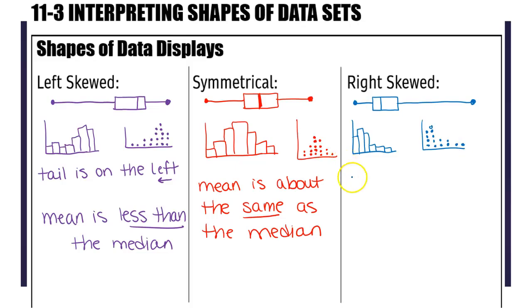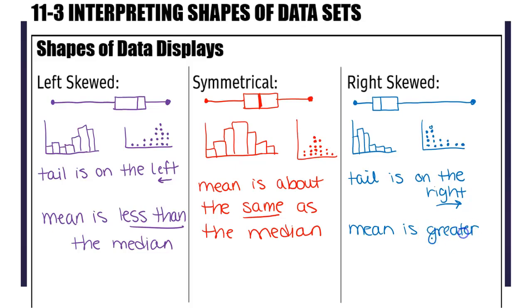All right. So in right skewed, the tail is on the right, which is that way, in case you weren't sure. And then that pulls the mean away from the median. And so the mean is greater than the median.